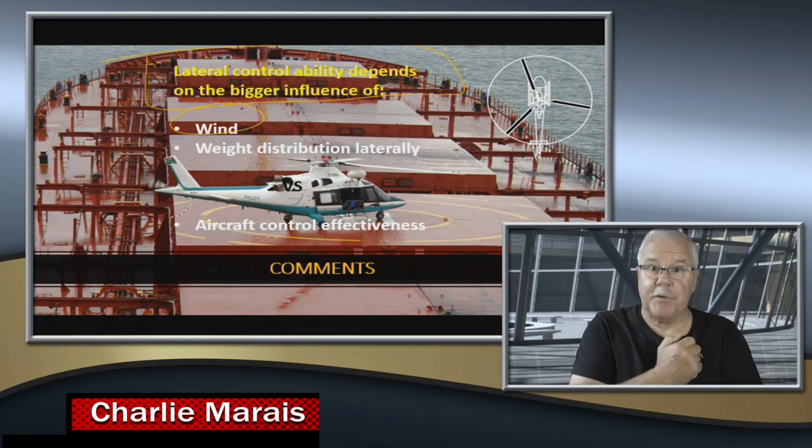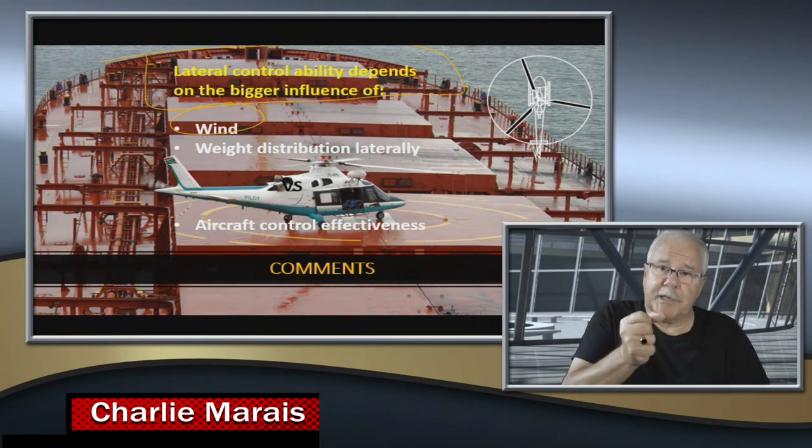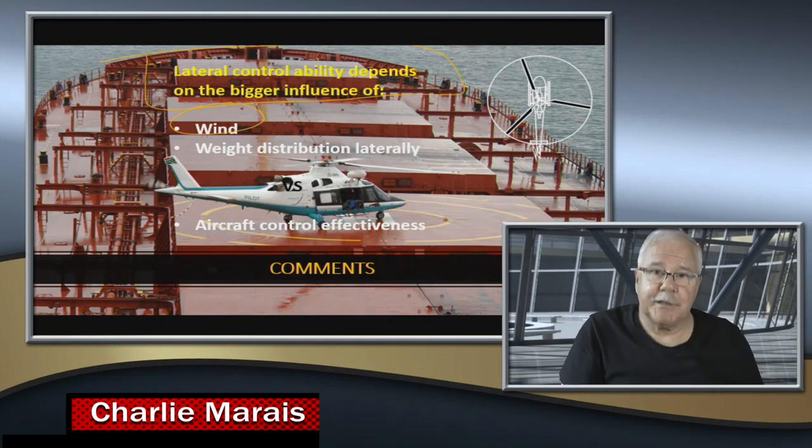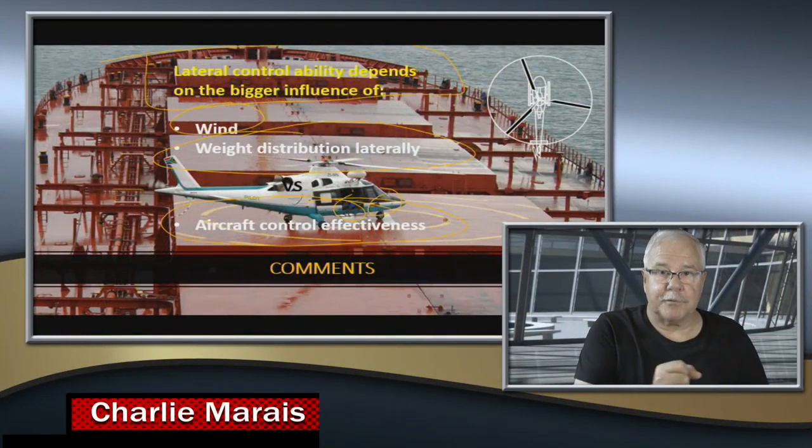Normally the aircraft is strong enough, and maybe the tail rotor has got enough, and with the rudder and the yaw you can keep it, but you still need lateral control. The next one is the amount of weight, which was now all on the right hand side here. And then the last one is, what is the control effectiveness? How much lateral control is there?